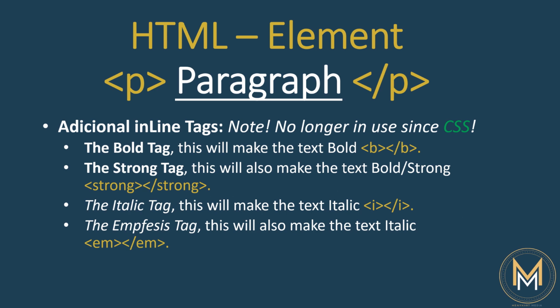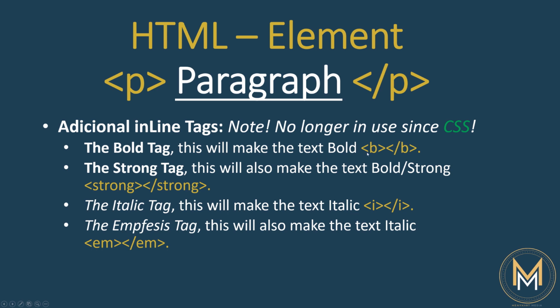Now, the paragraph tag has additional inline tags, but important note, these are no longer industry standards since we could style this with CSS, and I will show you this further along in the course. So let's say we want to make our text bold.